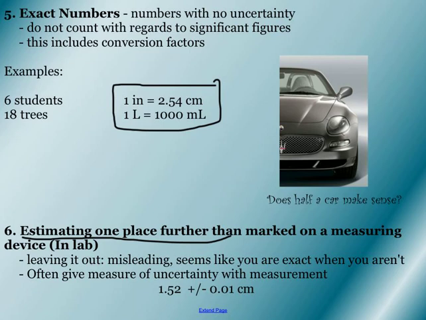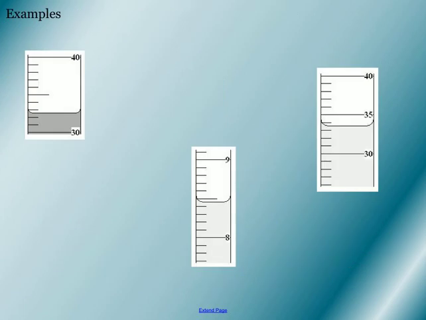This next slide isn't in your notes, but basically we have 3 pictures here of 3 different graduated cylinders. And you really have to be careful with graduated cylinders because they have different sig figs. So this first one over here on the left, we can see our liquid here, and we can see that each of these is a single digit. So we have 31, we have 32, we go to 33. So we're stuck between 32 and 33.